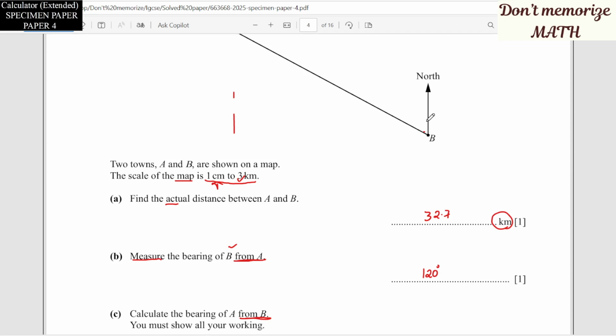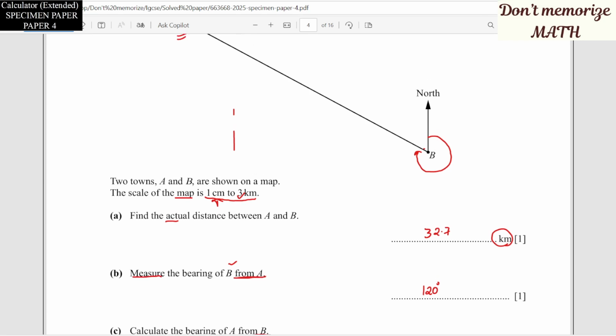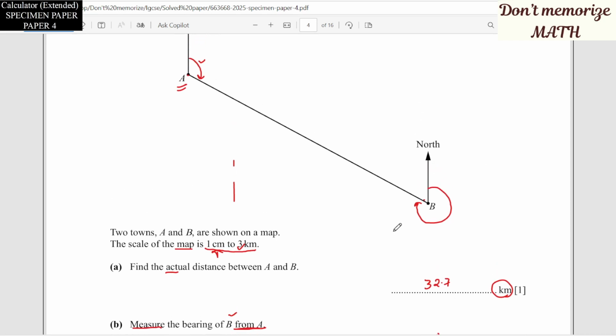It is not this angle; we need to move clockwise, so we need to find this angle for question C. Let's see how to find it. I will write the steps here, because I'm not getting the picture and question on the same page. I can zoom out, but it will not be clear for you.